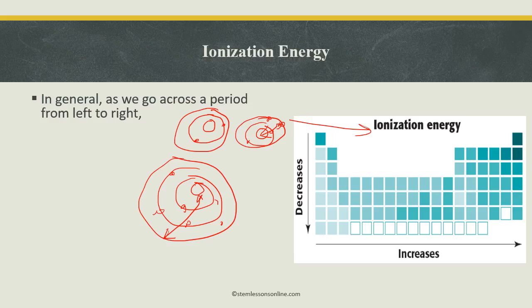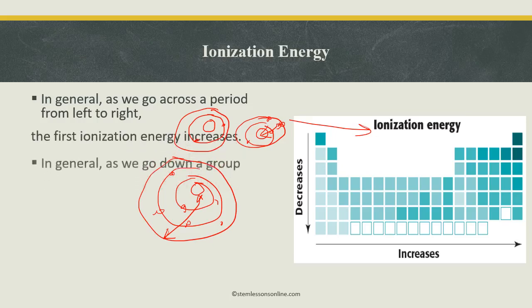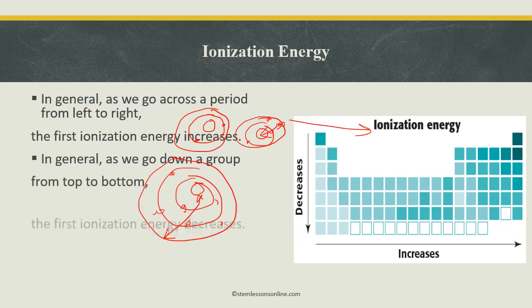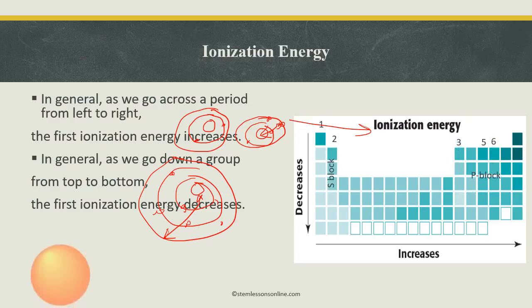Okay, so now I have some explanation on the exceptions here. Even though it is increasing across a period, if you note down the second group and the third group, what is happening here is the second group is having S block, right?